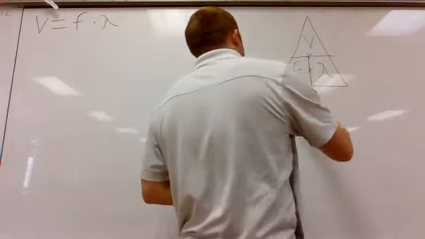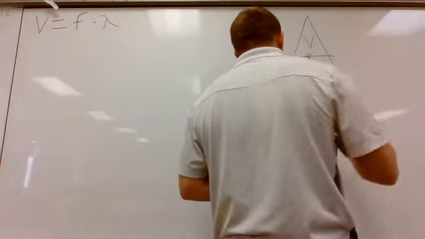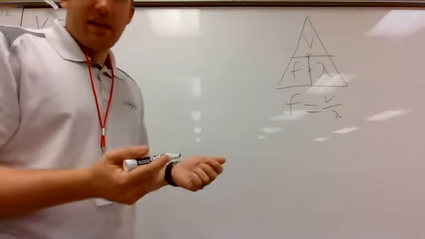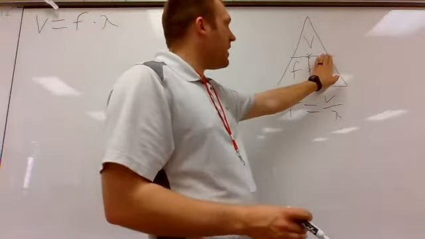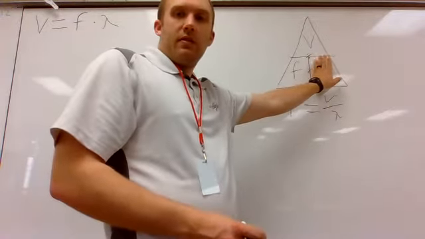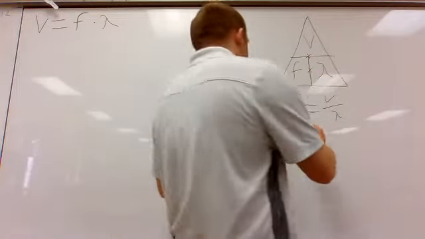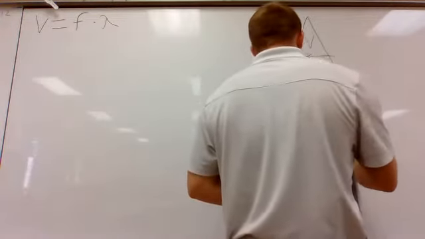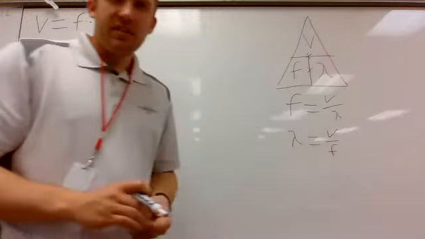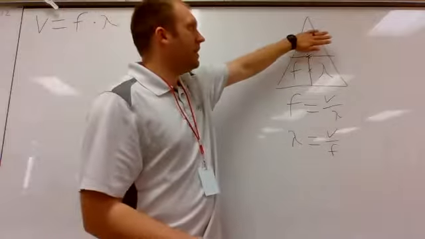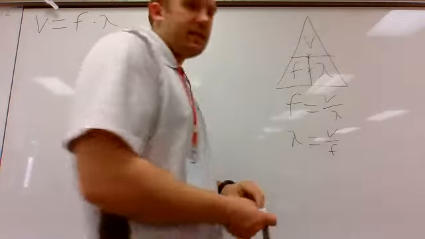So that'd be one version of my equation: F equals V divided by lambda, velocity divided by wavelength. If I don't know wavelength, I would cover up wavelength, and I would get another version of my equation: wavelength equals velocity divided by frequency. And of course, the base equation comes out of this as well. If I don't know V, I get V equals F times lambda.